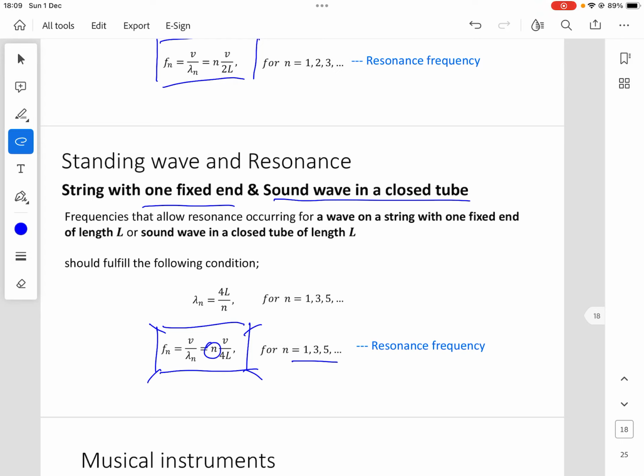So let me conclude this equation: f_n equal to n v divided by 4L, and n is only the odd number. This is for one fixed end string and sound wave in a closed tube, for the length of the string L and the length of the tube also L. These are two different cases, but we get the same equation for both cases.